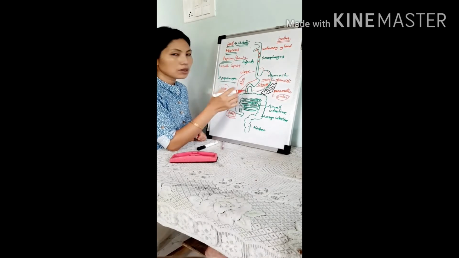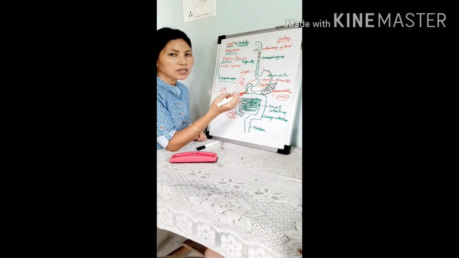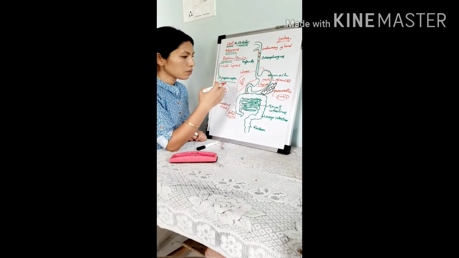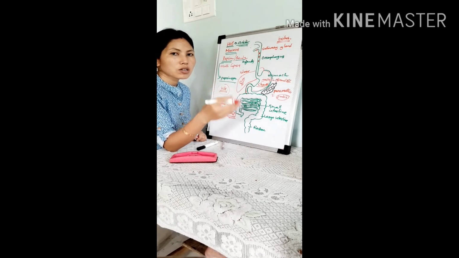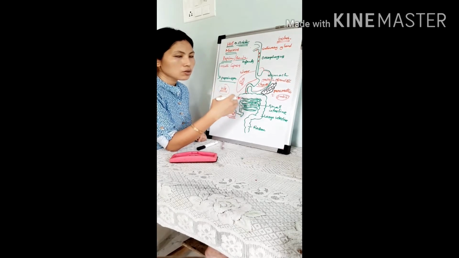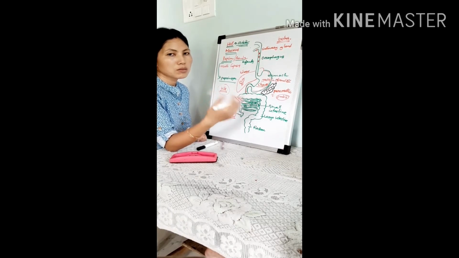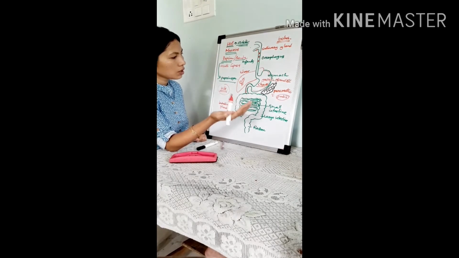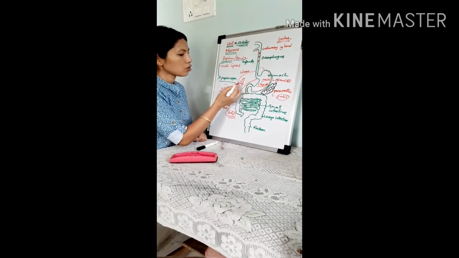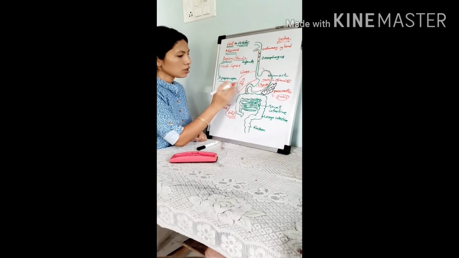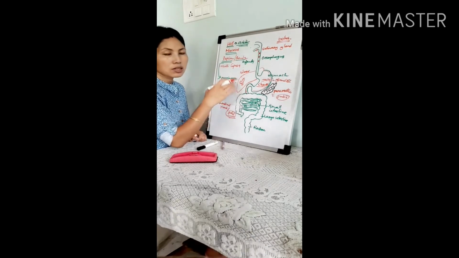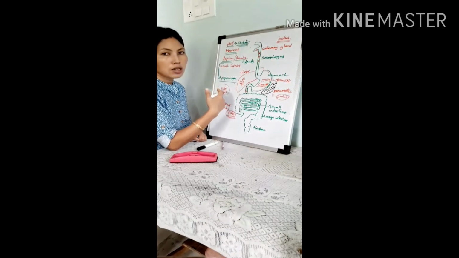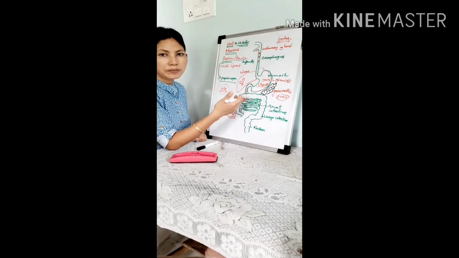As the lipids, the fats, are in their bigger complex form, they are broken down into smaller globules, so as to provide maximum surface area for the enzyme lipase to act on it. So that is what is secreted by the liver, and it is controlled by the gallbladder. So the gallbladder regulates the secretion of bile into the small intestine.